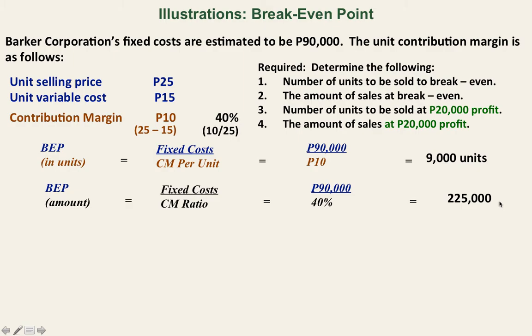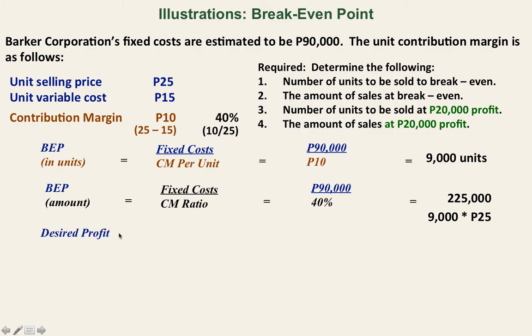Or if the selling price is already given and we already know the number of units, you can just multiply 25 times 9,000, right, class? 9,000 times 25 will also give you 225,000.